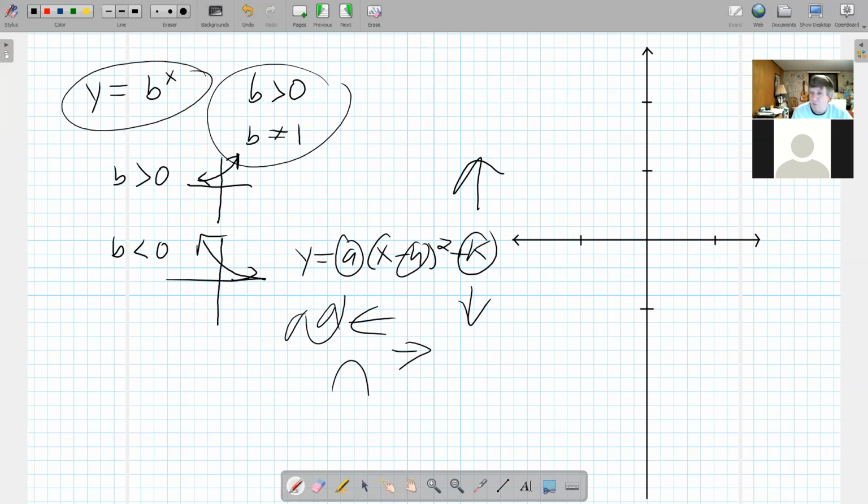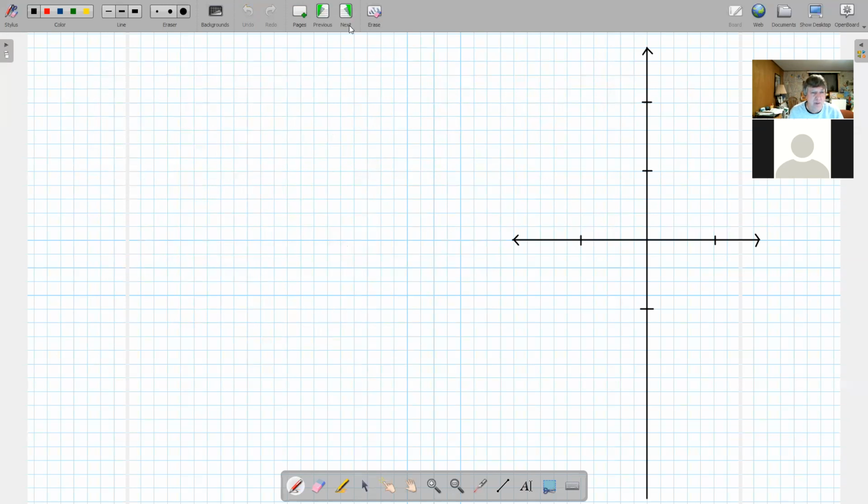If a was positive, it opened up, all of that stuff. All of those shifts and flips also work with exponential functions. Let's see what happens here.